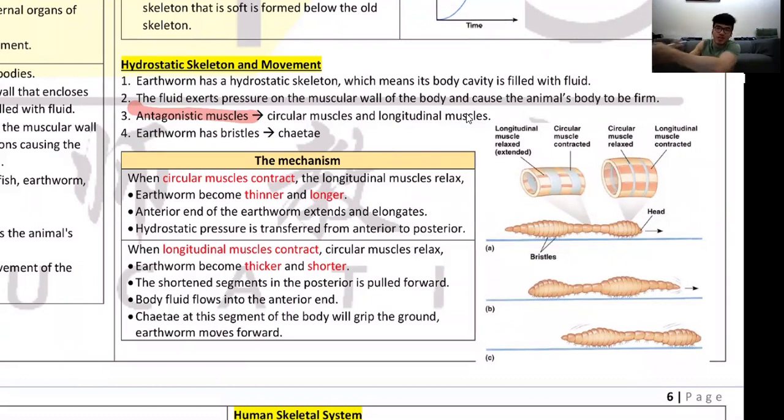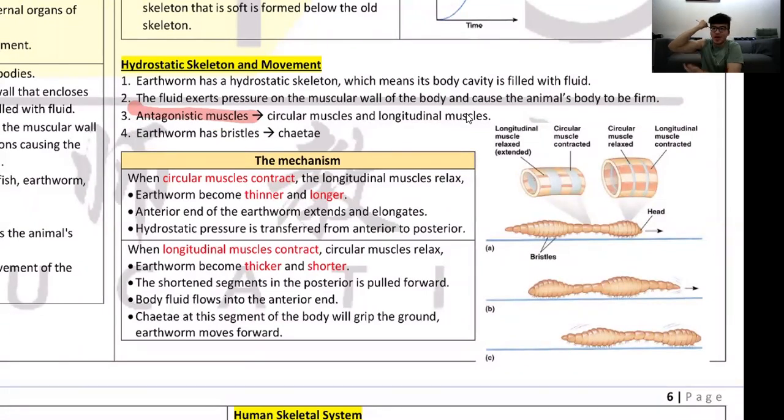So it's like two strings pulling. I cannot use a string to push; I need another string to pull. Can you see they're working antagonistically? When my bicep contracts and shortens, my tricep will relax and lengthen, so that my arm goes like this.